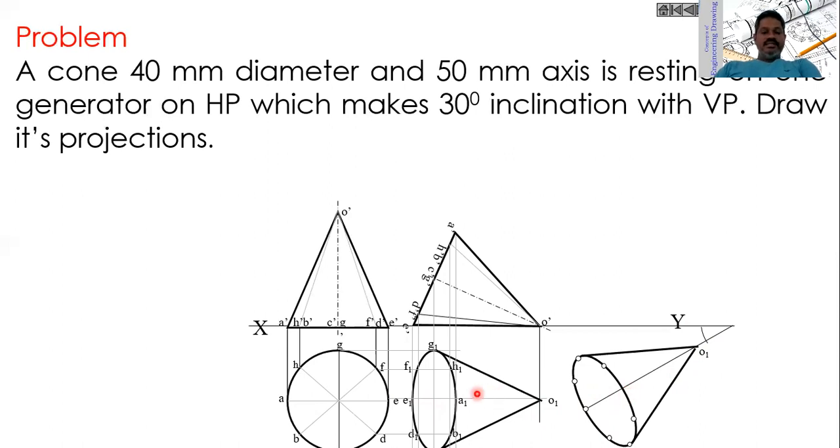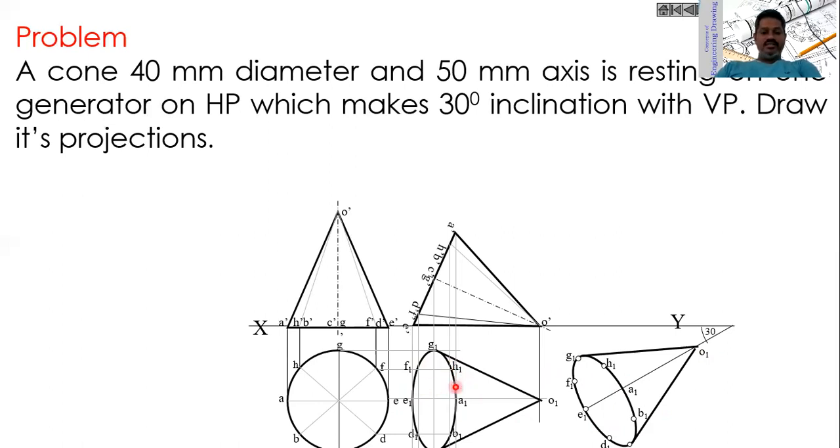By using the compass, transfer all these points and locate all the remaining points using O1 as center. Join all those points as a smooth curve to get the top view of the cone when it is making an angle of 30 degrees with the vertical. Name all those points similar to the first condition.